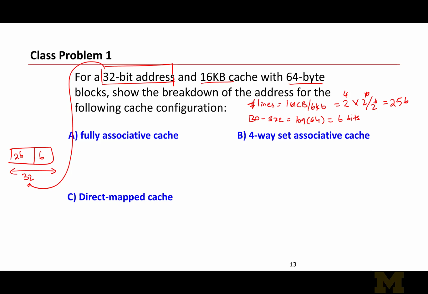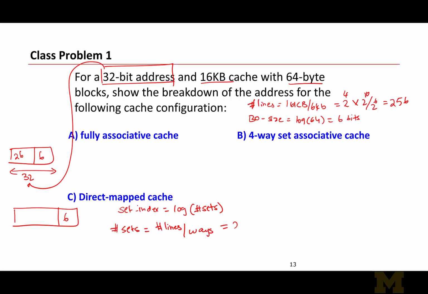Then we have the direct mapped cache, where we have to figure out the size of the set index. The block offset remains the same, but to compute the set index, we need the number of sets, because the set index size is the log of the number of sets. In a direct mapped cache, the number of sets is the same as the number of lines, because the number of ways is 1.